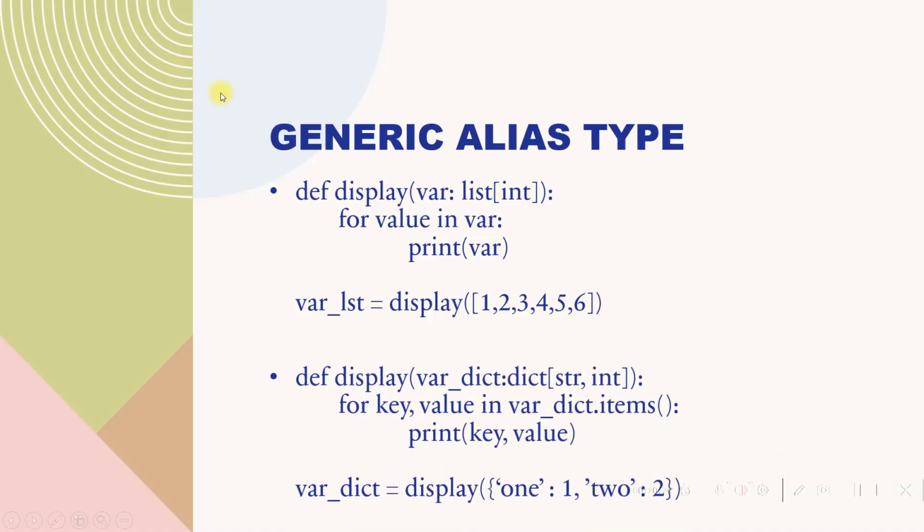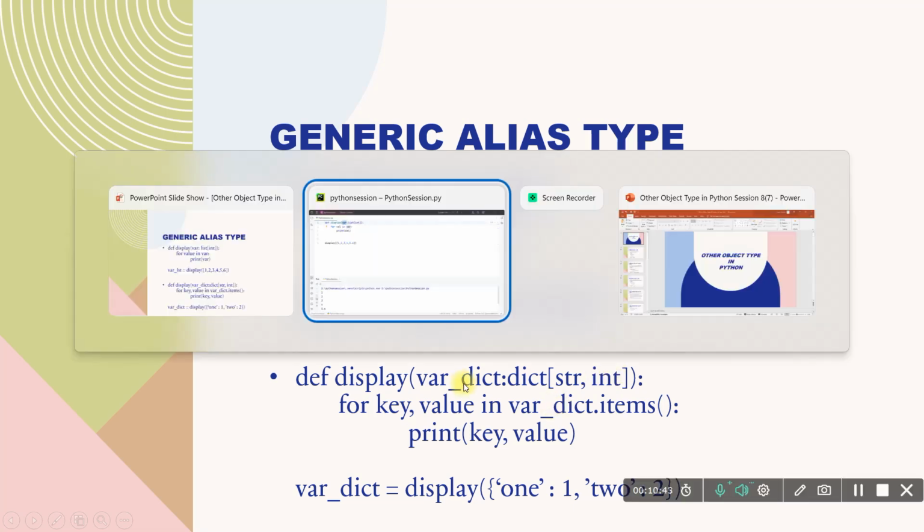Now, let's see another example. In this example, it is accepting a dictionary as a parameter, and it is clearly specifying that the key of the dictionary should be of string type and the value of the dictionary should be of integer type. Okay. Now let's try this in PyCharm.